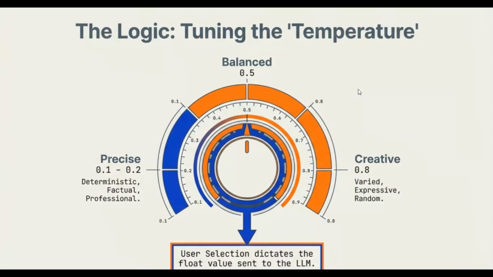Now, it goes from 0.1 to 0.9, and 1 being the final. So, 0.1 to 0.5 makes it so that we get professional, factual, informational, and precise answers. While leaving it at 0.5 makes it balanced and makes it more like how you would receive an answer from your normal ChatGPT or Gemini.